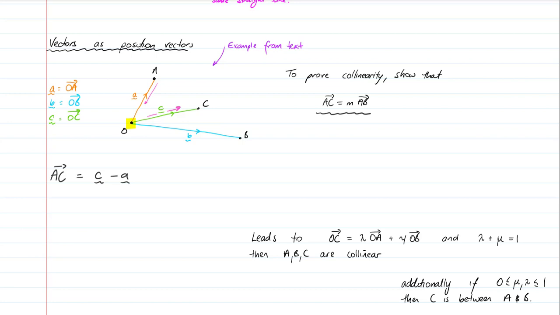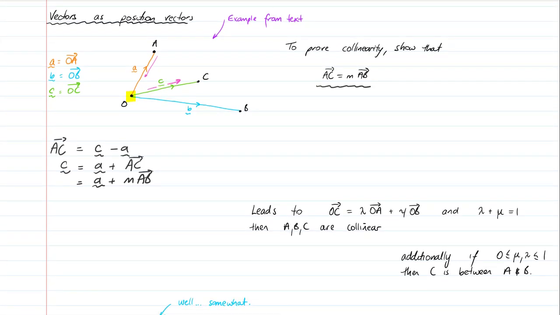But I can rearrange this now and say vector C is equal to A plus AC. But I know that AC is equal to m times AB if we're assuming that they're collinear. So let's make the assumption they're collinear, which will lead to a way of proving collinearity. Now we also know something about AB.